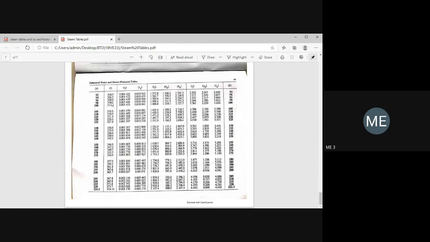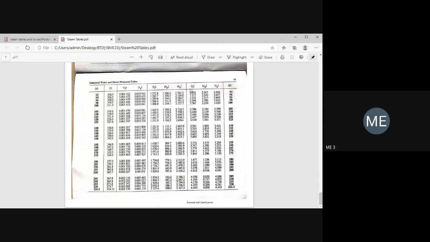The first column is pressure, the second column is the temperature corresponding to this pressure, and the third is related to volume: VF is the specific volume of water, and VG is the specific volume of the steam. HF is sensible heat, HFG is latent heat, HG is total heat. And then after that we have SF, SFG and SG.